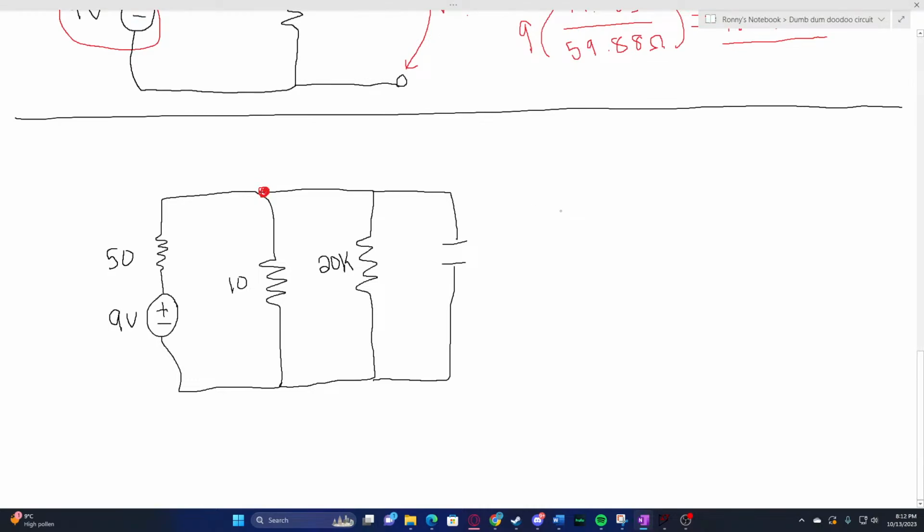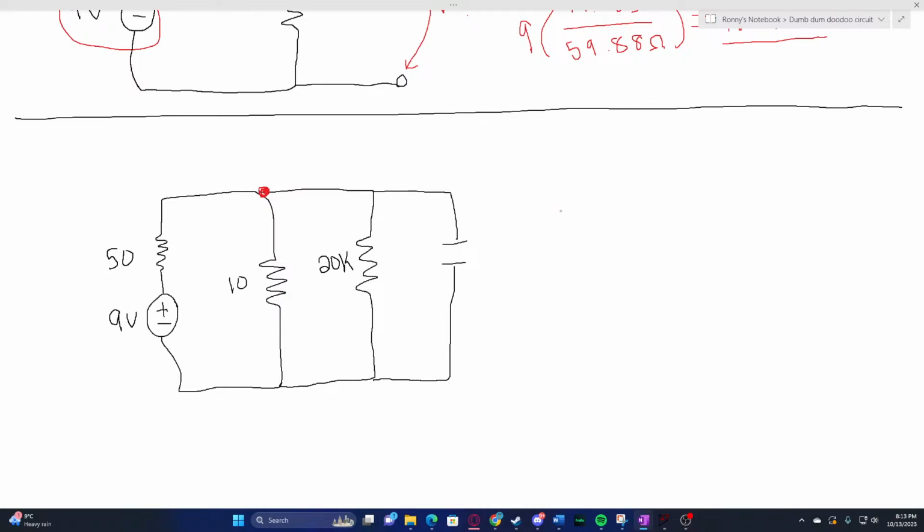What is, let's see, 20k to the negative first plus 10 to the negative first, to the negative first. You get about 10 ohms, really close, like 9.99 ohms.